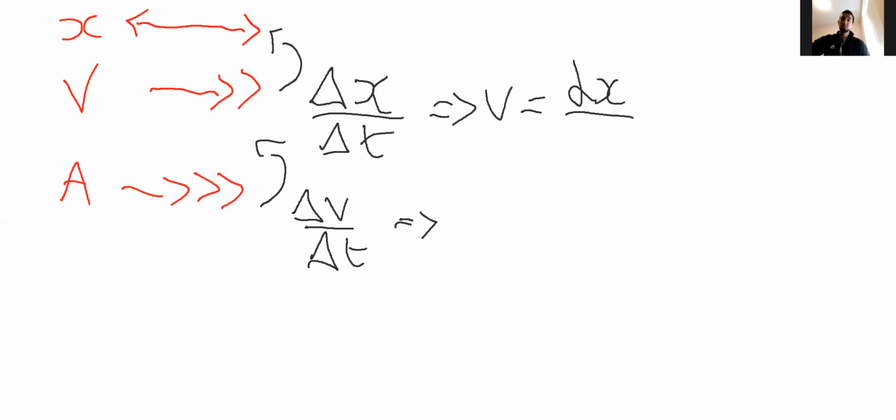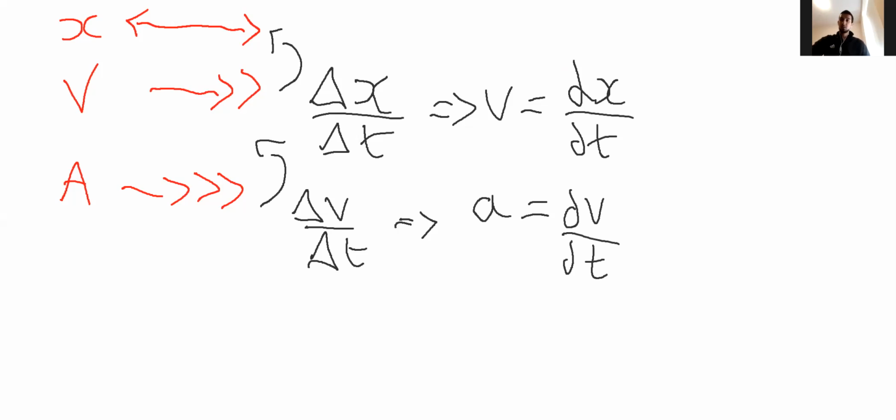And we can reduce this t in the same way, which would be dt. So if we have a function of x, we can find the velocity at any instant using the relationship dx over dt. And in the same way, acceleration is going to be equal to dv over dt.